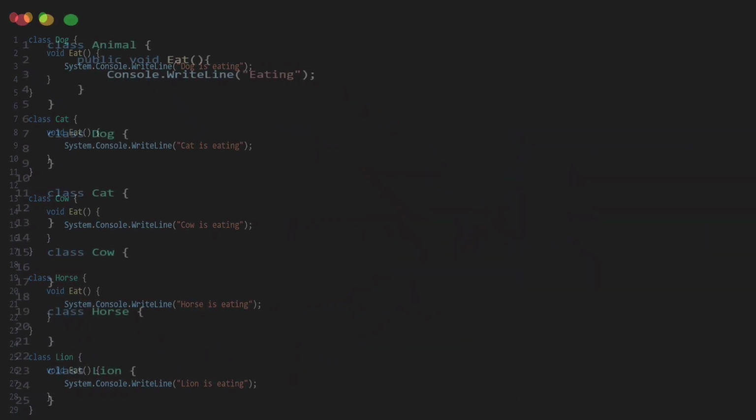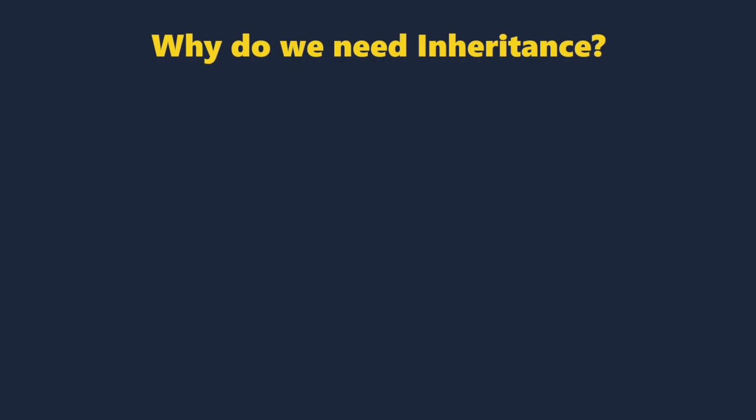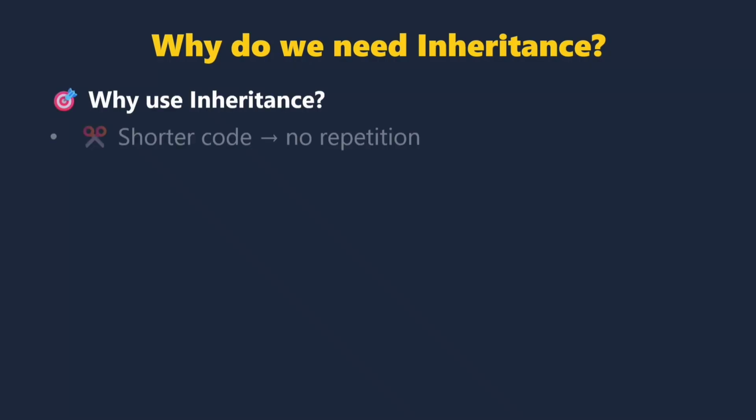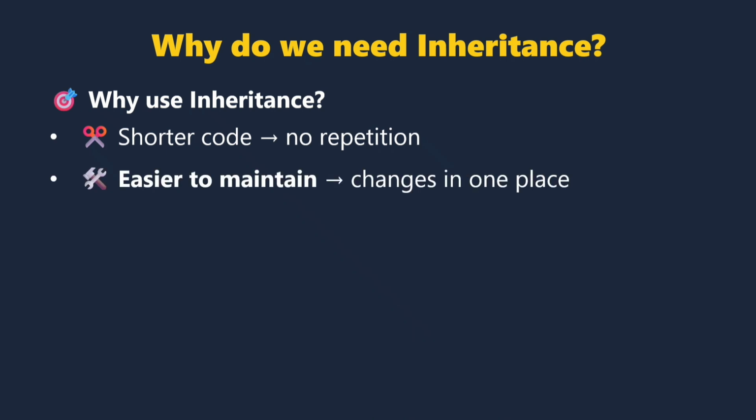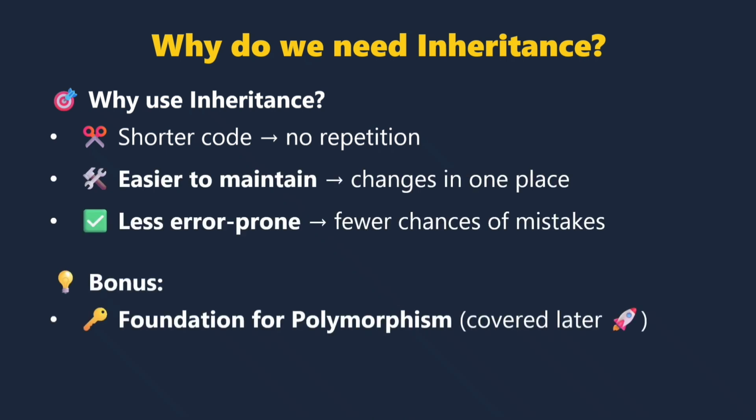With inheritance, you just define eat once in the animal class, that is in the parent class, and all the subclasses automatically get it. This makes your code shorter, easier to maintain, and less error prone. Also, inheritance is the foundation for polymorphism, which is another big object oriented programming concept. We will cover it later.